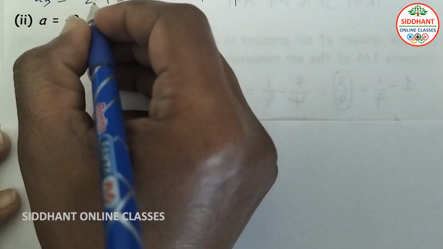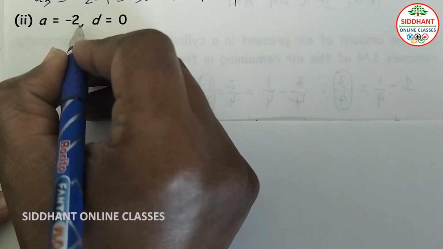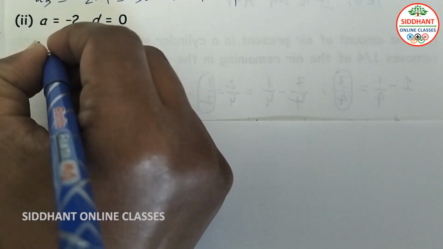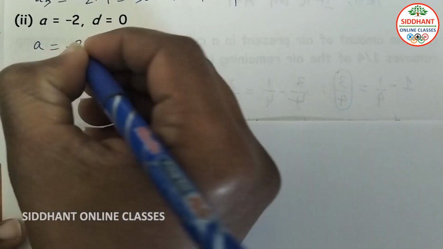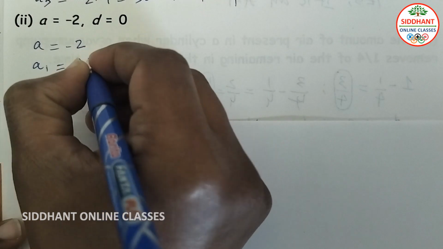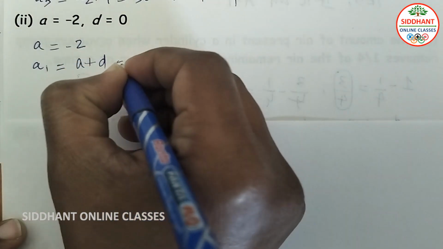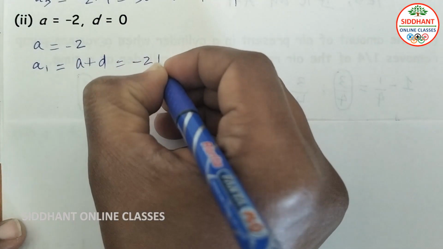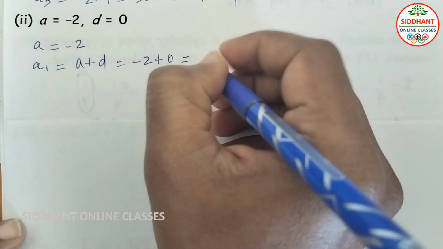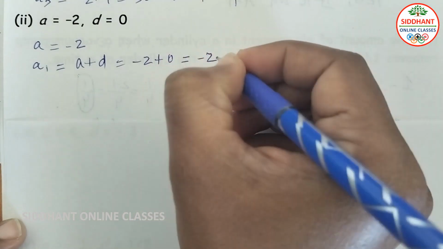Next, second one, A is minus 2, D is 0 here. A equal to minus 2 here. And A1, that will be A plus D, that equal to minus 2 plus 0, that equal to minus 2 here.